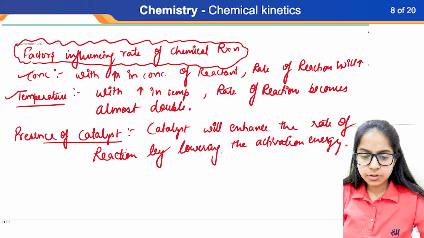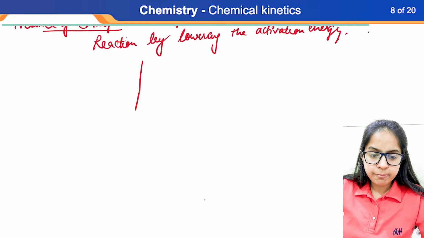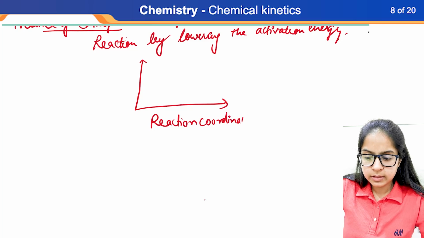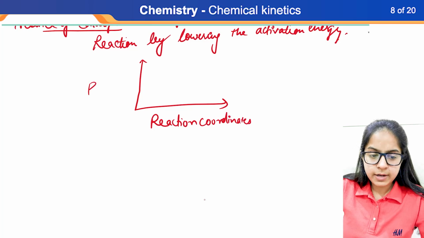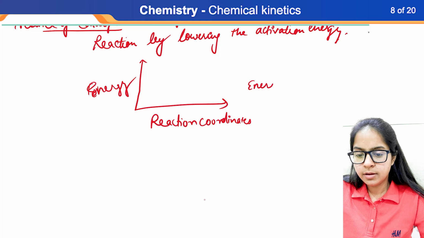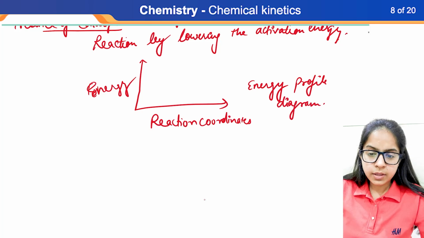I'll explain it to you in the next part. But here I am going to tell you that suppose I have the reaction coordinate on the x-axis and potential energy or energy on the y-axis. This is our energy profile diagram.